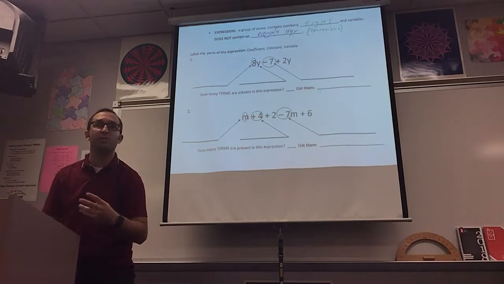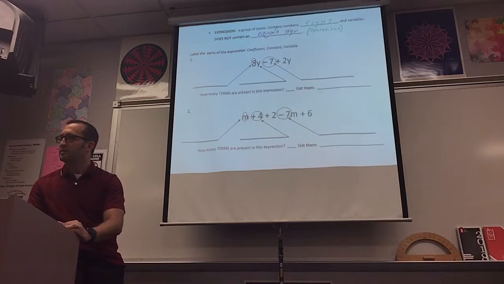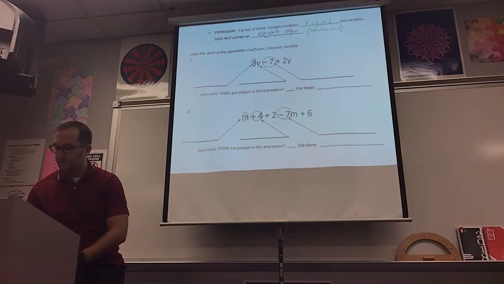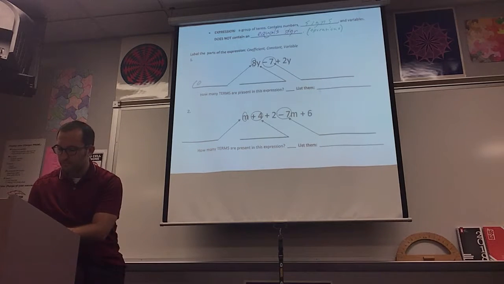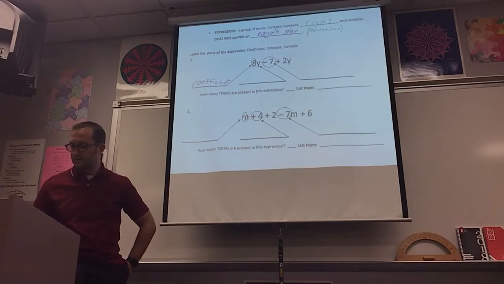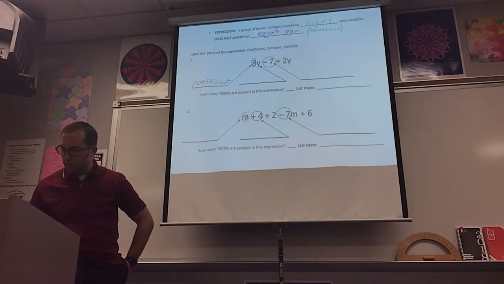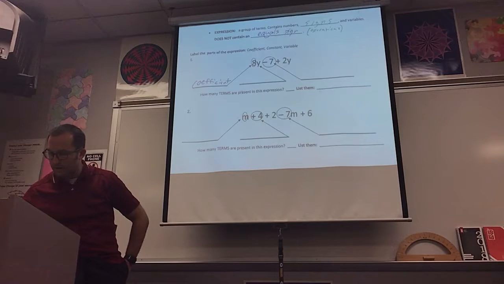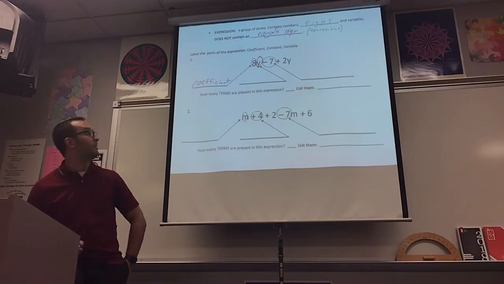It's telling us how many y's there are, right? It's our coefficient. Now, I forgot to put the little circle around the y, so go ahead and add that circle around the y. Sorry about that.